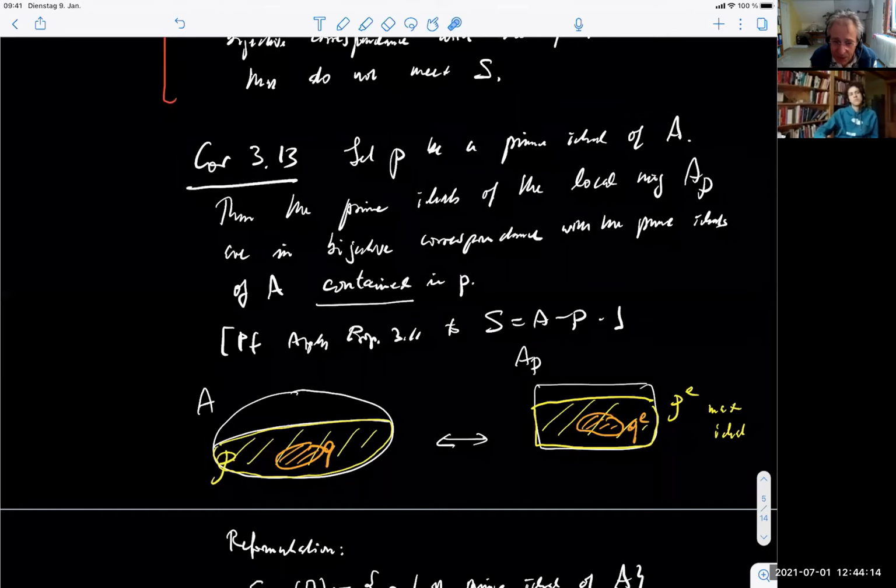But in both situations, I kind of make the spectrum smaller. I kick out certain prime ideals. So these both methods are very common techniques. So if in commutative algebra, you start to prove theorems by induction and so, then these are important techniques. We will see that.